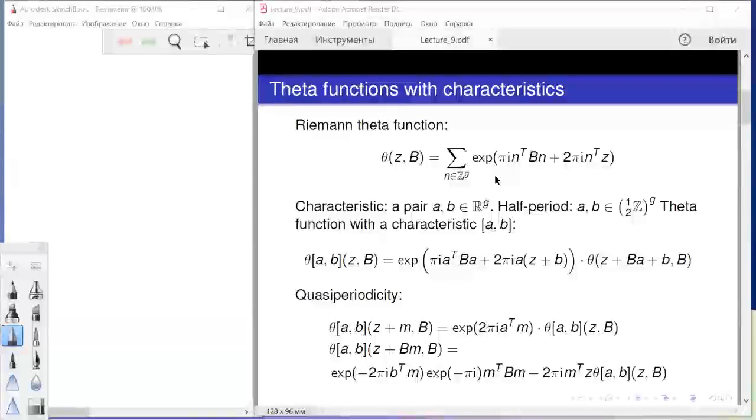If A, B are integer or half integer, they are called half periods. Theta function with a characteristic A, B is defined via Riemann theta function, just by formula.